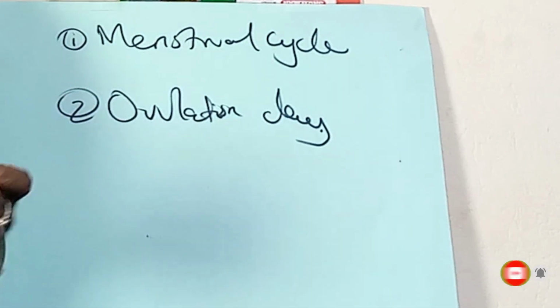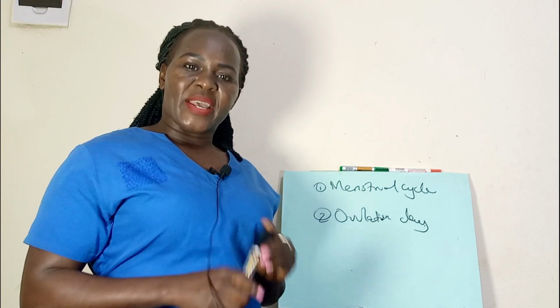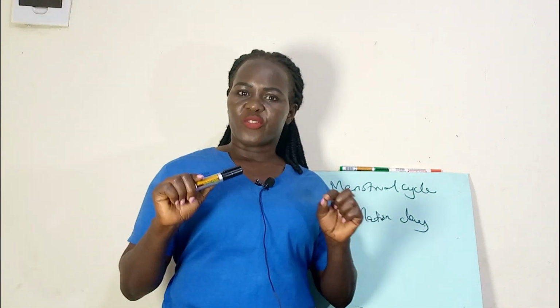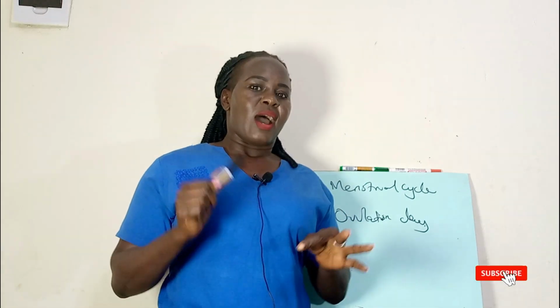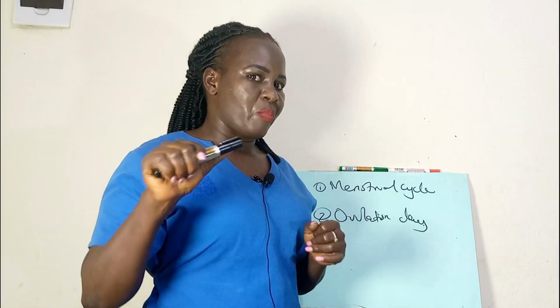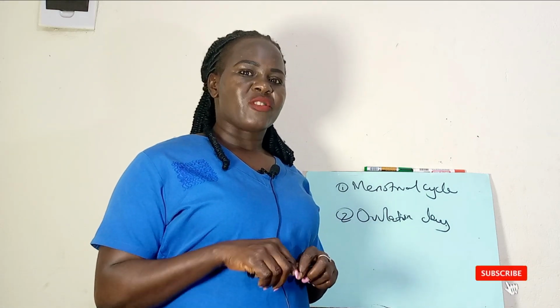So what is a menstrual cycle? It is the number of days in between two periods, meaning the number of days from the first day you see your period blood to the last day before you start your next period. The menstrual cycle also has to be normal. What is the normal menstrual cycle?